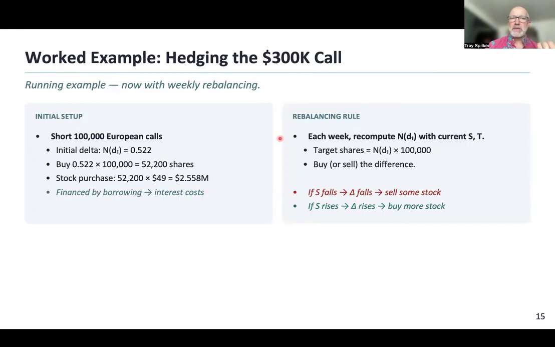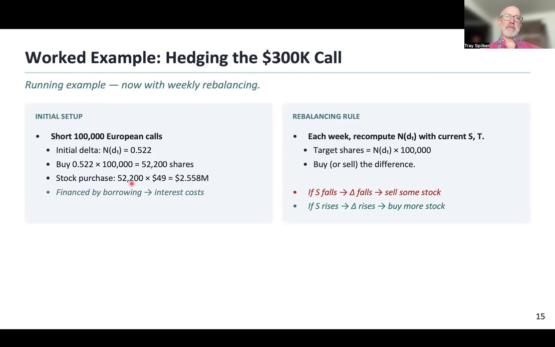And then each subsequent week, for example, let's say we're doing a weekly rebalancing, we're going to recompute the delta N(d1) given the current share price and the current time to maturity T, right? And the formula is the same as just multiplying delta times the underlying share count here. And we'll buy or sell the difference from our initial setup.